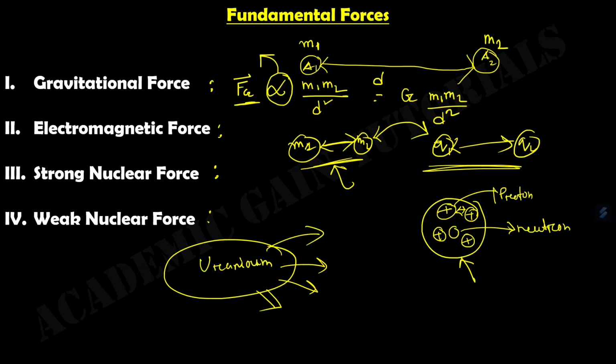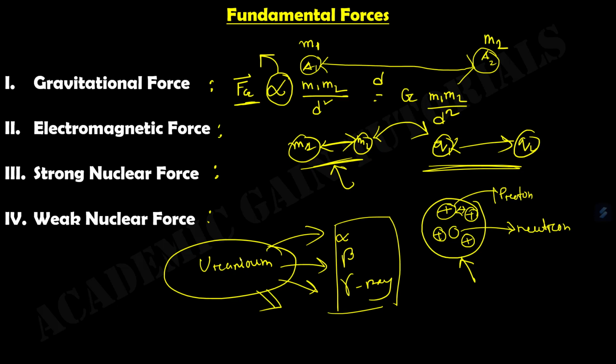Three types of rays or particles are emitted from this radioactive nucleus: alpha particle, beta particle, or gamma ray. These three rays or particles are emitted from our radioactive nucleus.